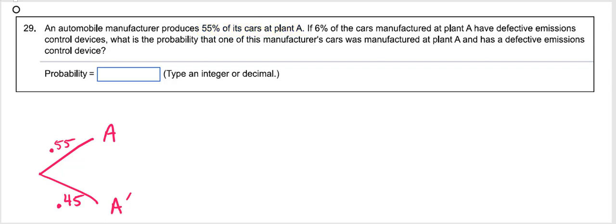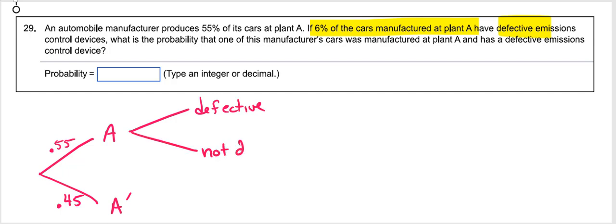Okay. If 6% of the cars manufactured at plant A have defective emissions control devices, so we're either going to have defective or not defective. 6% have defective, so this is 0.06. This would be 0.94.